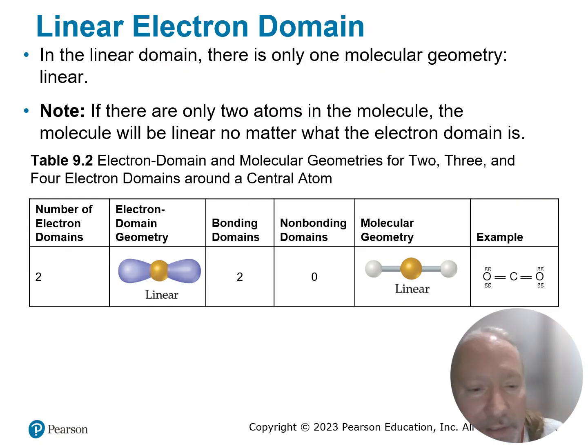So, linear. We've looked at this before, but we haven't really thought about the non-bonding domains. We know previously that we have 2 bonding domains of electrons, which works out to be linear with respect to the central atom. Maybe there are 3 atoms involved here. There are no lone pairs here, so we have 0 non-bonding pairs. So the electron domain geometry is going to be the same as the molecular geometry.